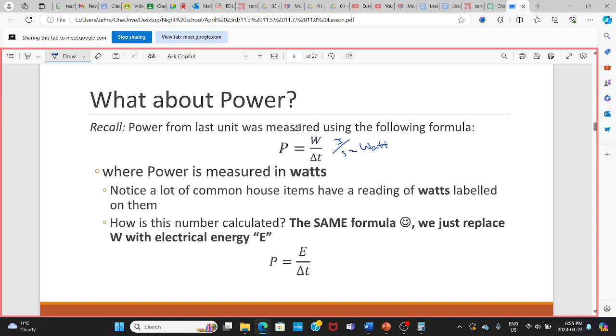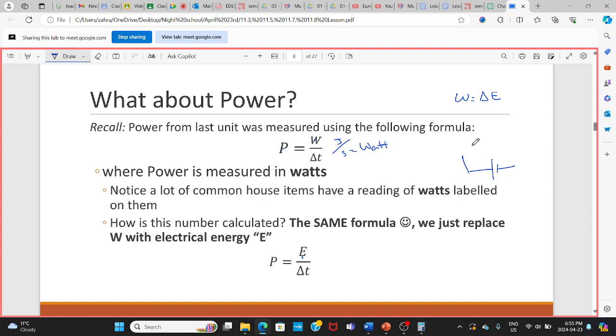We know that the work is equal to the change in energy, right? Change in kinetic energy or potential energy. Here, we can replace work by electrical energy, the energy that each charge possesses. Because when the charge is located on the battery, it does not have any energy.